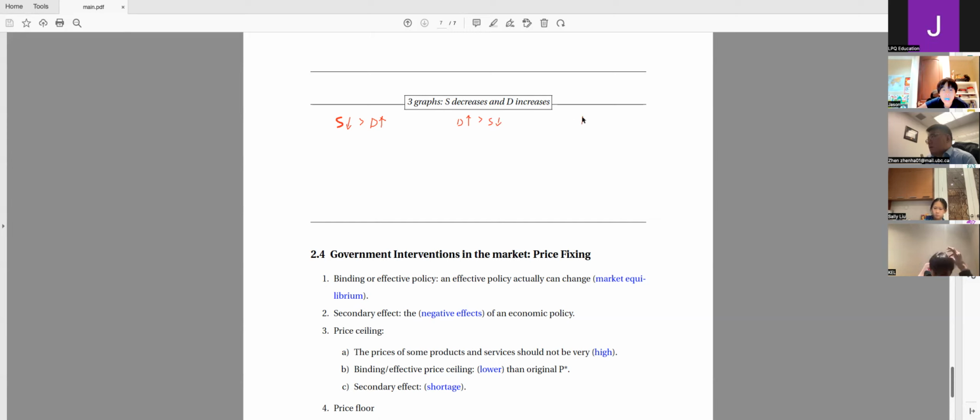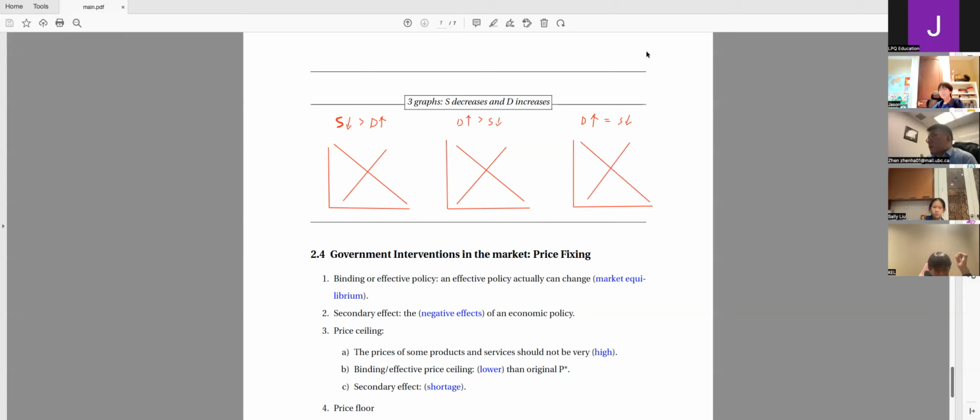The last one, if they are equal to each other. This is how you can get three different graphs. Supply, demand. So supply, demand.